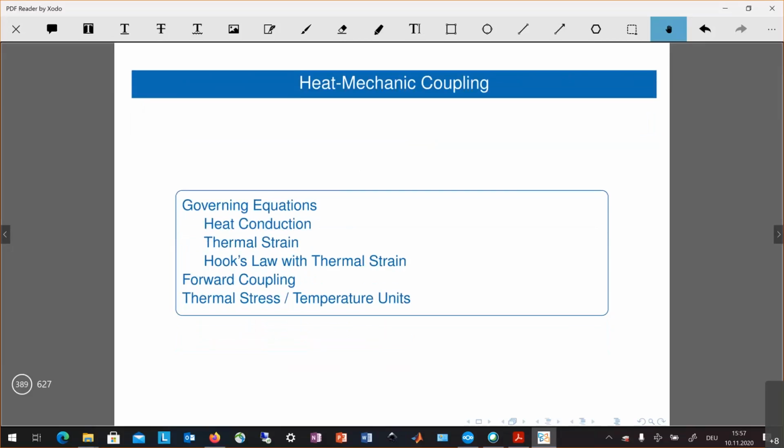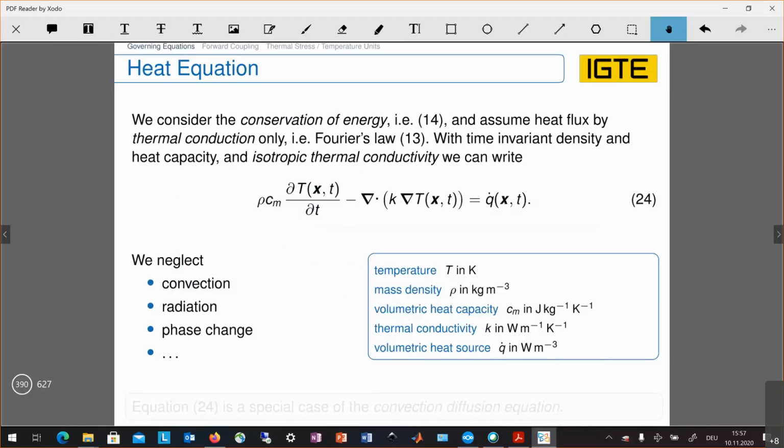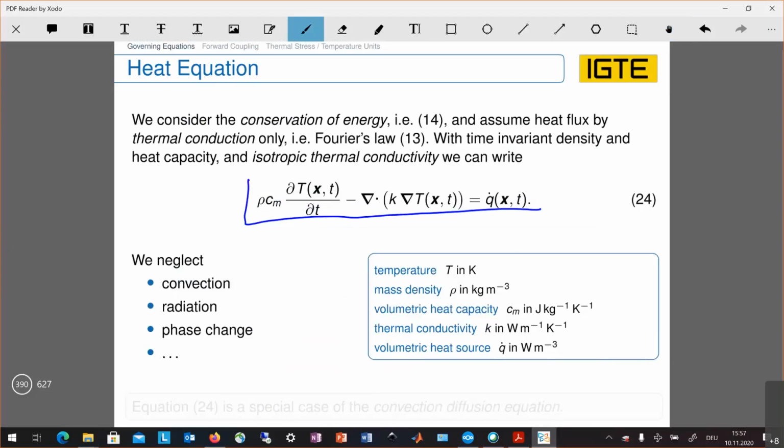Okay, so just summarizing the heat equation, we know that our heat equation looks like this, and our source term shown here on the right hand side was coming up from our electric flow equation.